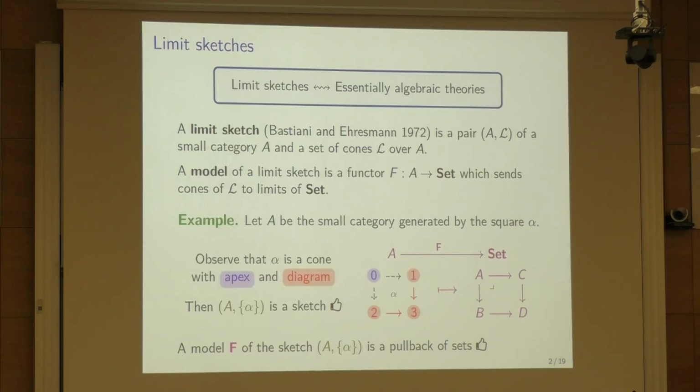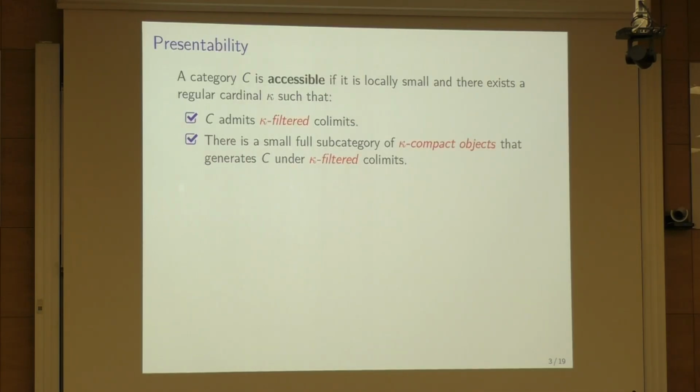So for this simple sketch, the theory that we generate is the theory of pullbacks of sets. Okay. So let's go to the second ingredient, which is presentable categories, or presentability in general. This is a way where we can have a locally small category that is generated by some small subcategory.